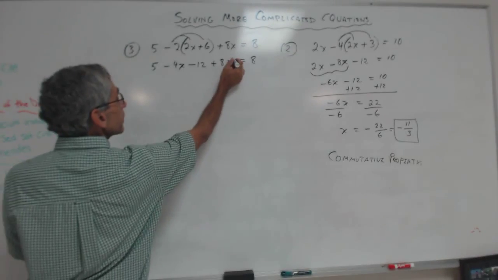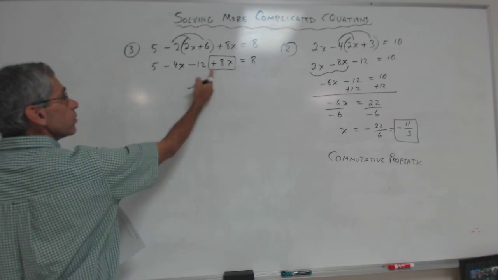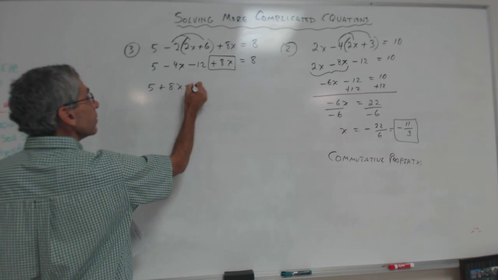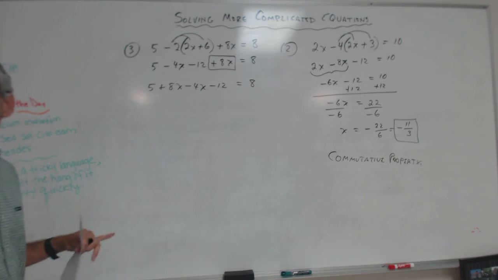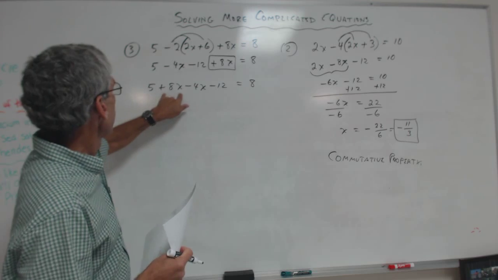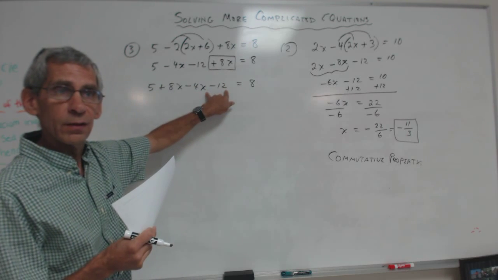Like I could take this 8x and move it over here, and it's positive, right? So I could go 5 plus 8x minus 4x minus 12 equals 8. I didn't change anything, I just moved this over here, right? Boom, boom, and then these are all the same, right? You see what I mean?